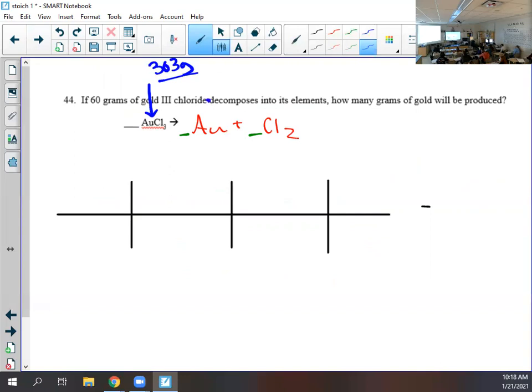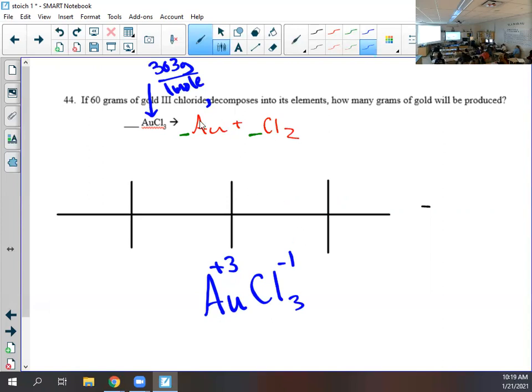So that's the subscript of what gold's with, or what's with gold, not gold subscript. So let me write it out. It's gold, 3 chloride. It tells you how many of the other thing. I know that sounds kind of weird, but that's what it is.